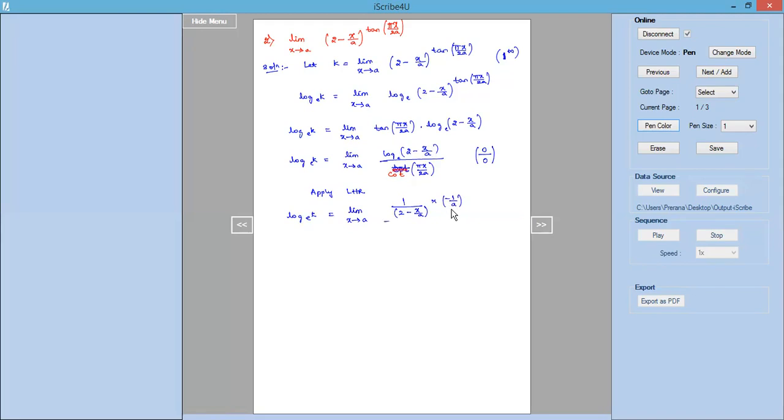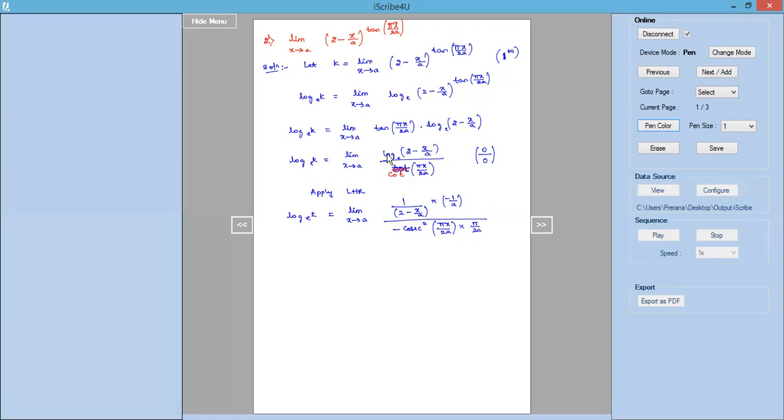The whole divided by differentiation of cot theta, which is minus cosecant square theta. So this will be minus cosecant square pi x divided by 2a into differentiation of pi x by 2a, which is pi by 2a. So we should not forget to apply the chain rule concept.